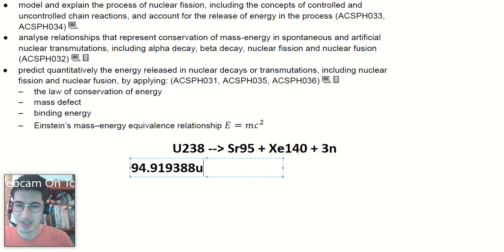You do not need to memorize this. Any question that asks you about the atomic mass of these things, they would have to give you that, right? They can't just expect you to remember the atomic mass of every possible atom.